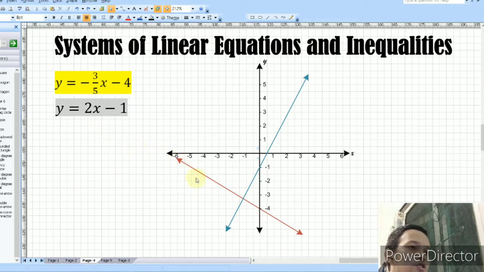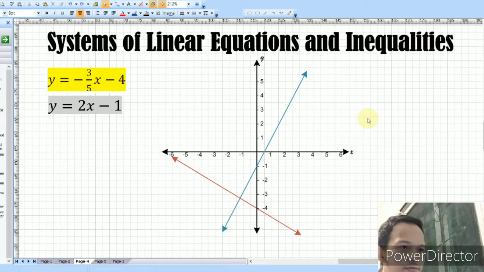Since these two lines are speaking in a sentence of two variables, they are in one system. So the system in this example consists of two linear functions, two lines. This is a system.